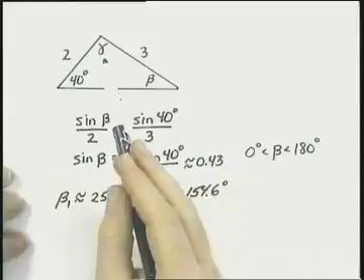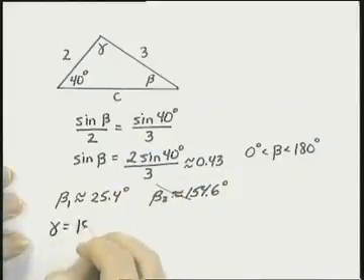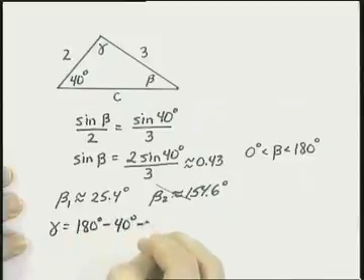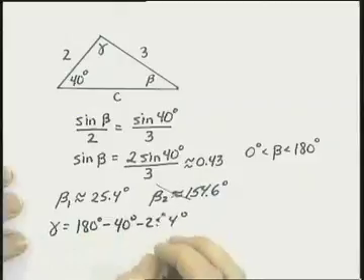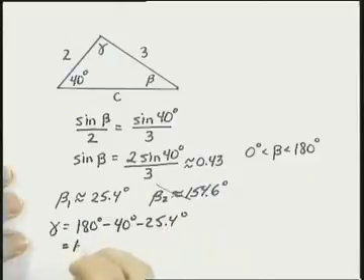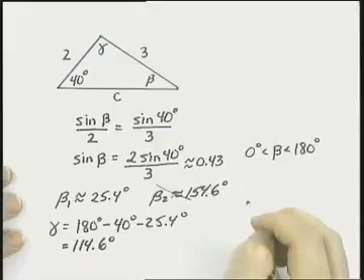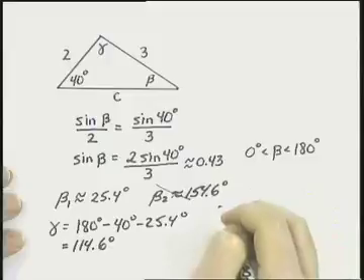We can then find gamma, knowing that gamma is going to equal 180 degrees minus alpha minus beta. We get, then, that gamma is equal to 114.6 degrees. Now what I need to do is find the value of C. We can find the value of C using the law of sines.